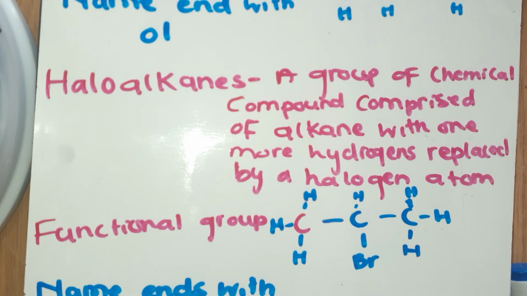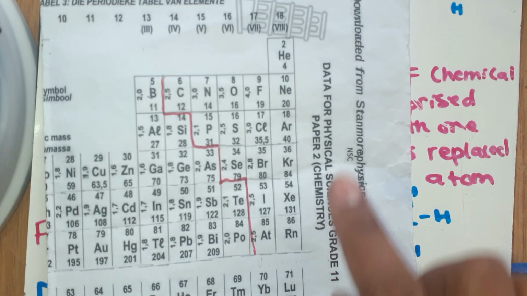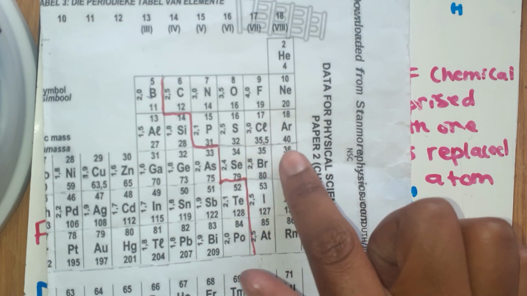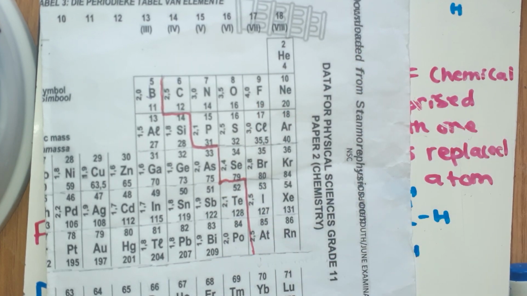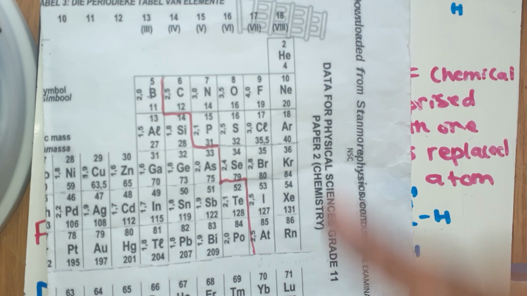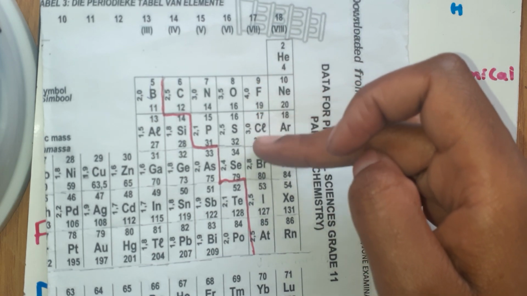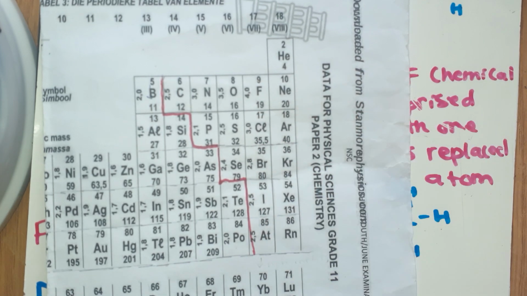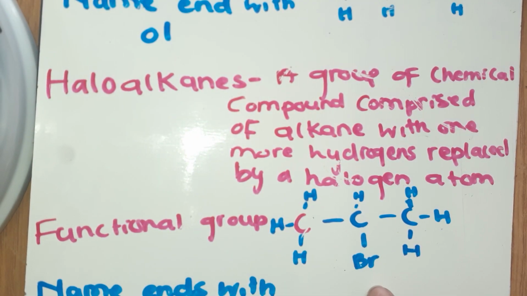Let me just find my periodic table. So this is group 7, this is group 8. So we have fluorine, chlorine, bromine, all that. These are group 7. Any of these atoms can be one of the single bonds here.